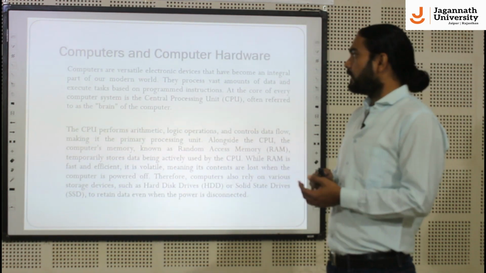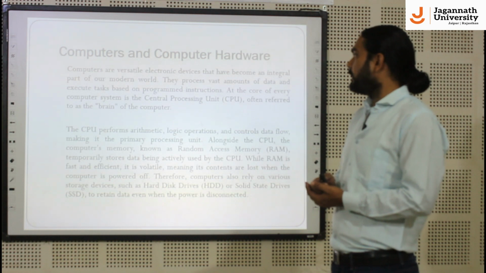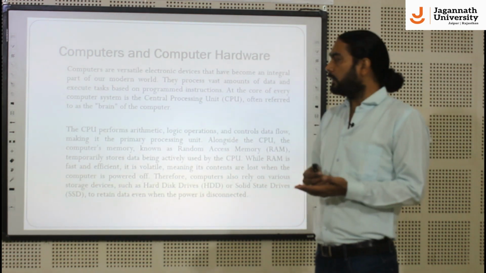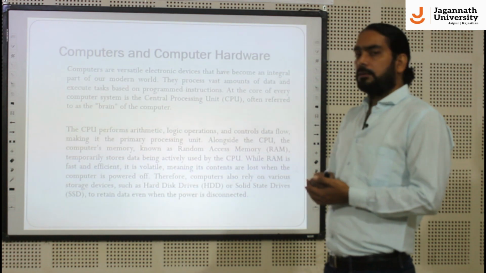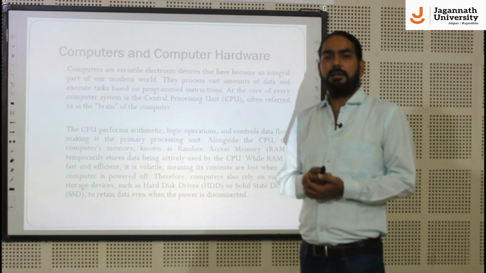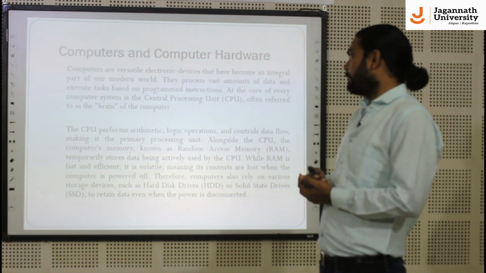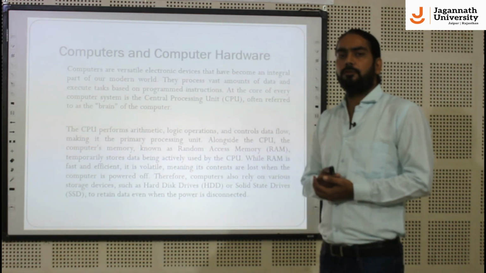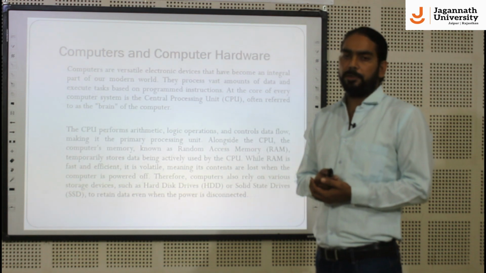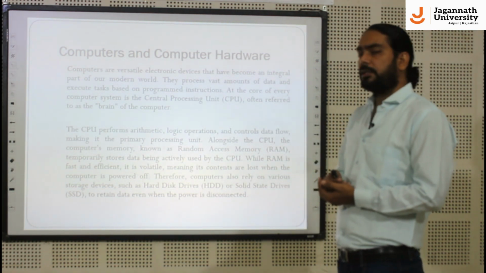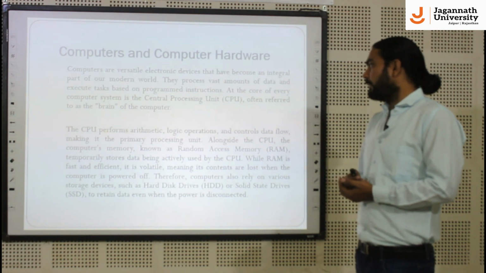There are some basic units of the computer like central processing unit, peripheral devices, memory, etc. The main component of the computer is basically the central processing unit, the CPU. The CPU can perform the basic operations of arithmetic operations, logical operations, micro operations, and control data flow in the primary processing unit.